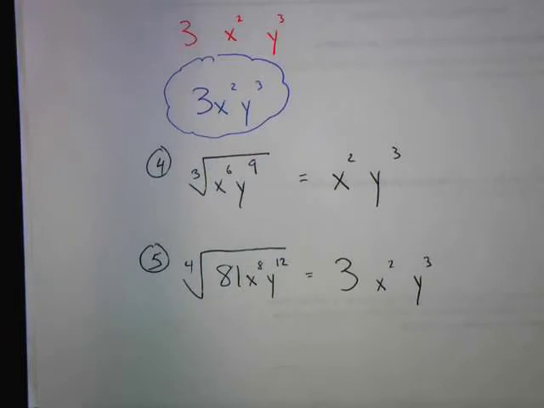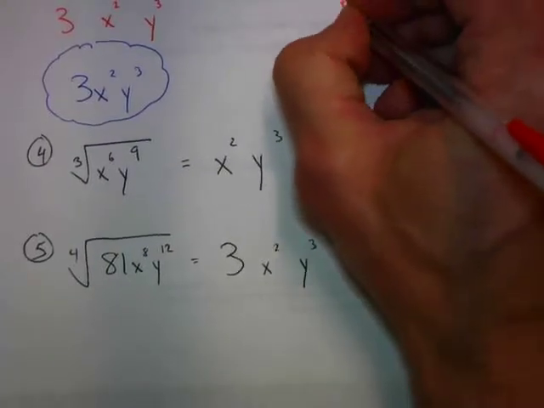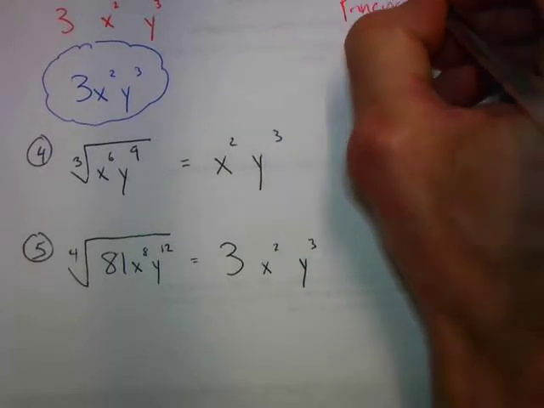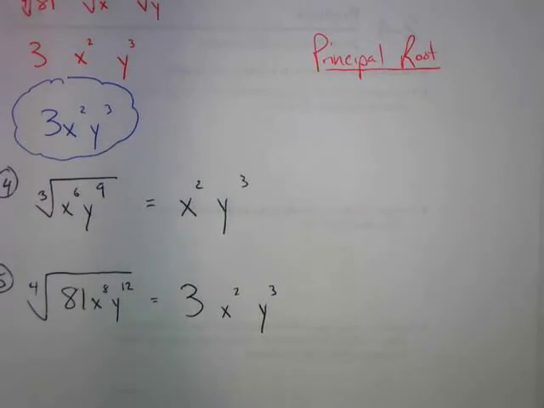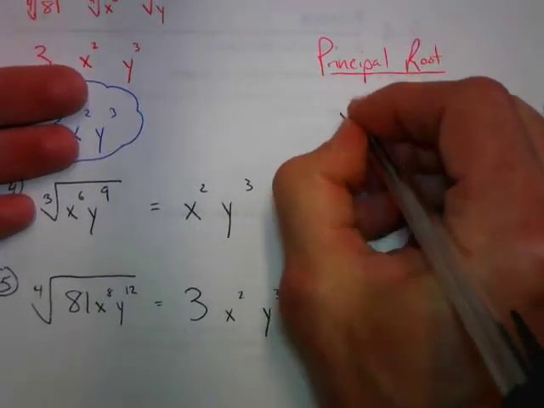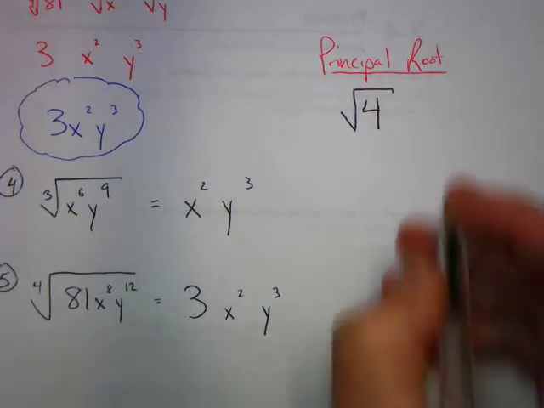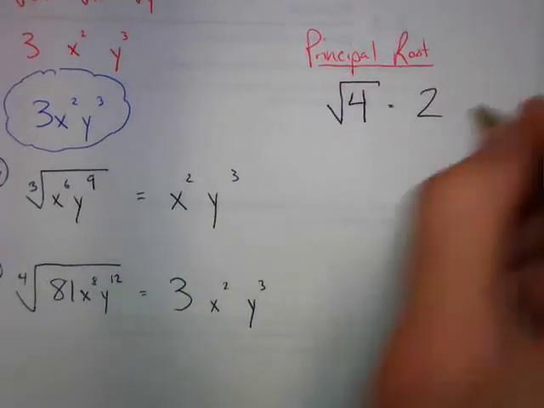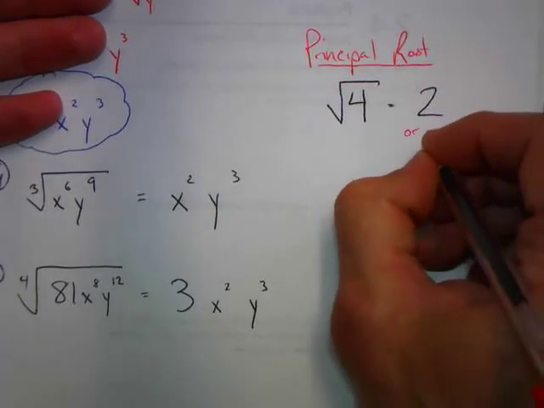We're going to talk about something called the principal root. If you remember from basics of square roots, if I were to ask you what is the square root of 4, you would say 2, and I would say or negative 2.